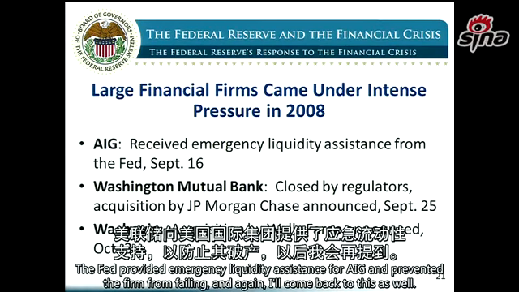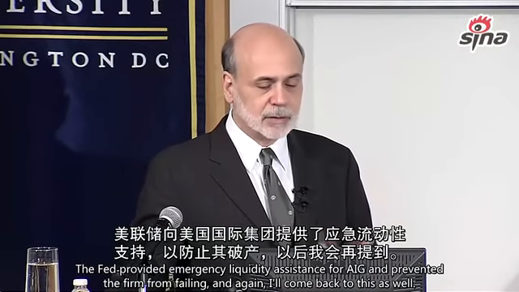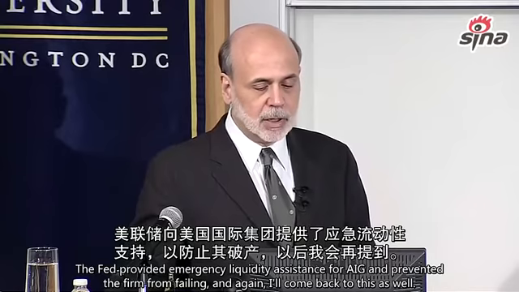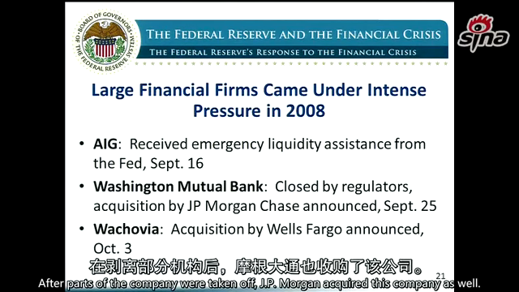The Fed provided emergency liquidity assistance for AIG and prevented the firm from failing. And again, I'll come back to this as well. Washington Mutual, one of the biggest thrift companies and a big provider of subprime mortgages, was closed by regulators later in September. After parts of the company were taken off, JP Morgan acquired this company as well.